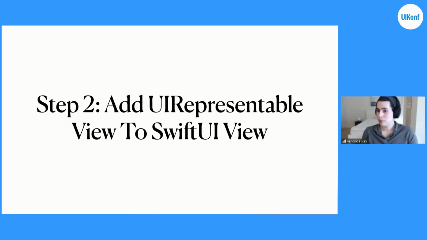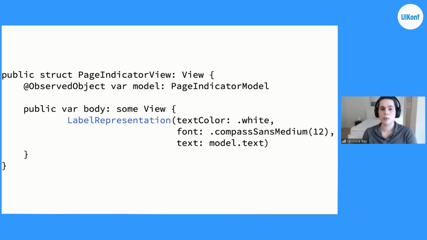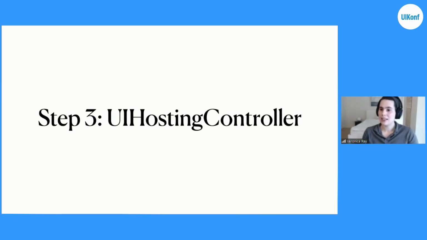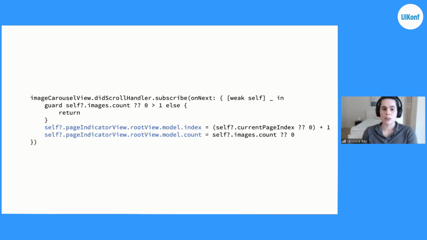The second step is adding this UIViewRepresentable struct to a SwiftUI view. So this is the SwiftUI page indicator view, and we just add in this label representation like we would add any other SwiftUI view. Finally, we're going to do the familiar and friendly step of initializing a UIHostingController with the root view as our SwiftUI view.